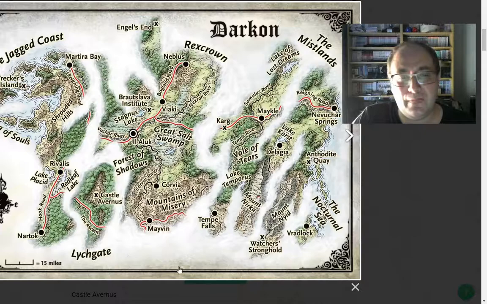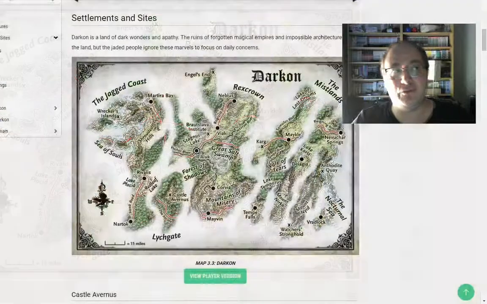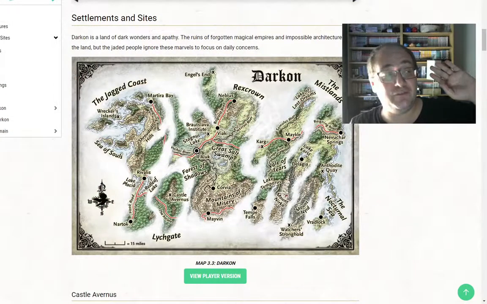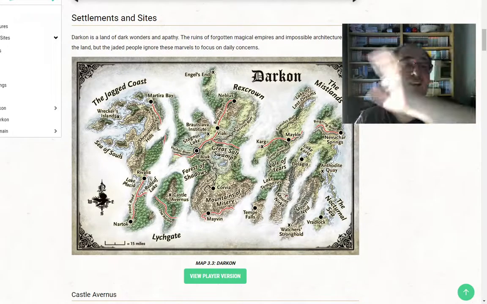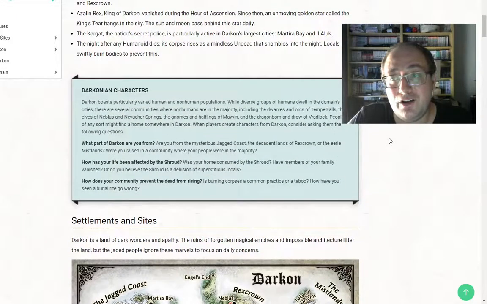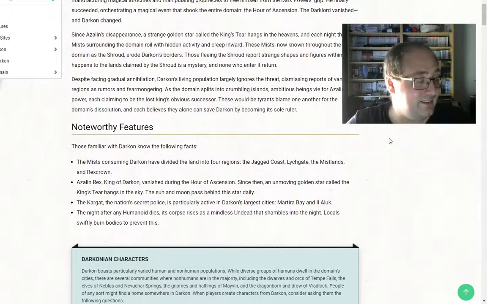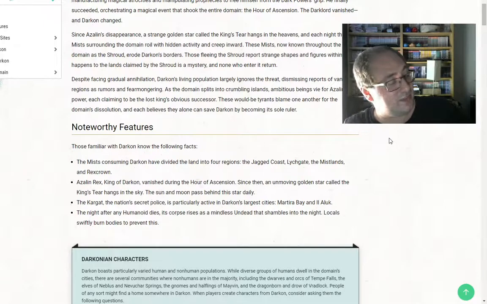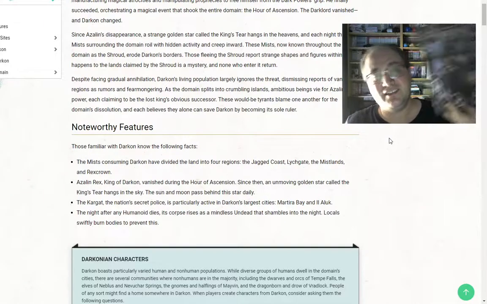I forget which one, but there is one. So you can take your party from level 1 all the way to level 20, all in Darkon if you wanted to. And that is why it might be my favorite domain of all of the domains in Van Richten's Guide to Ravenloft.